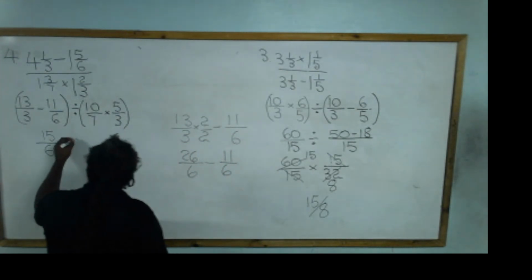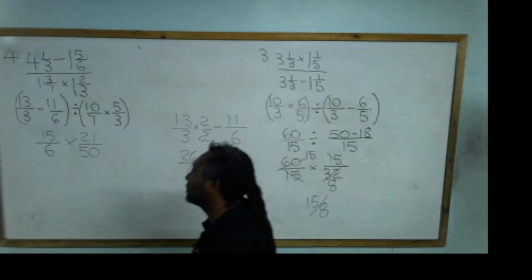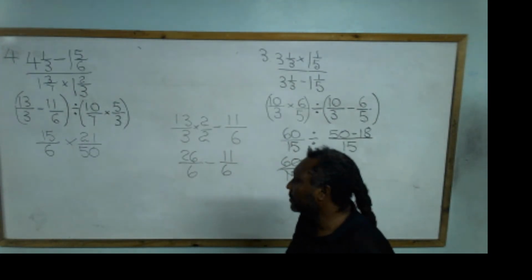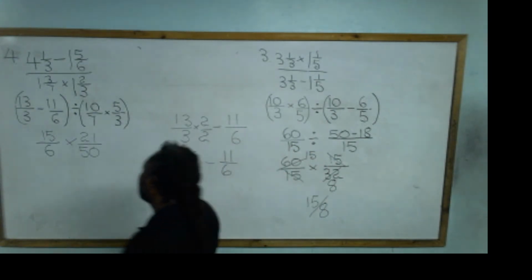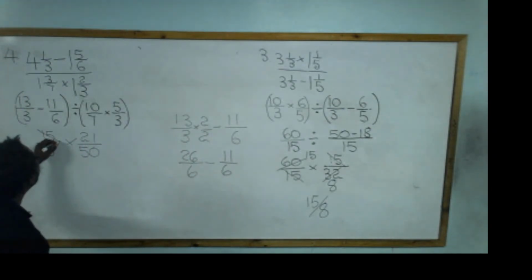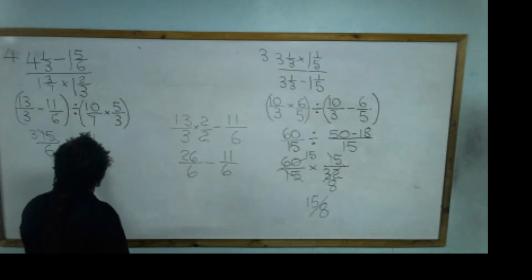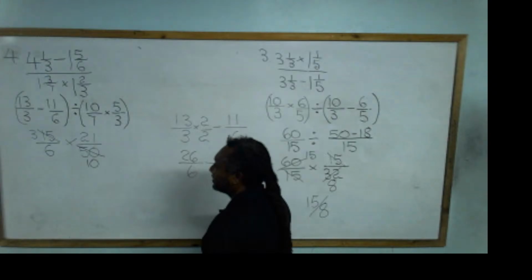So you're going to be multiplying by 21 over 50. And what do we have? 5 into this is 3. 5 into this is 10. Anything else?